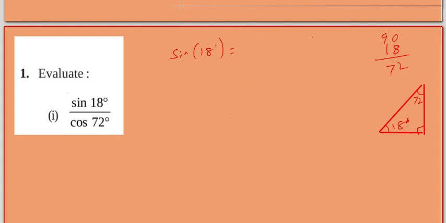Instead of writing like this, we can say sine of 18 is, how to get 18? Sine of 90 minus 72.